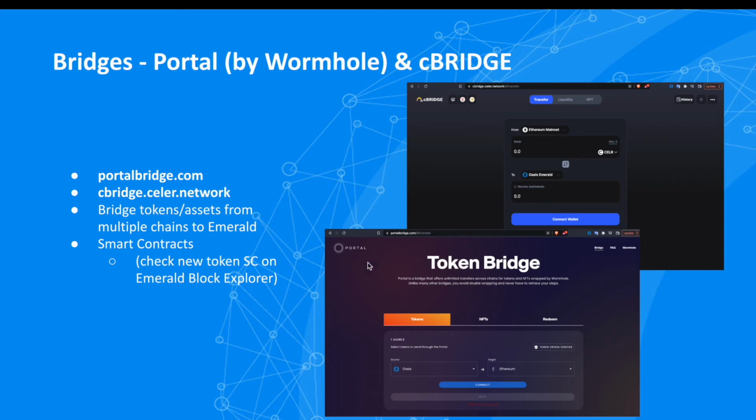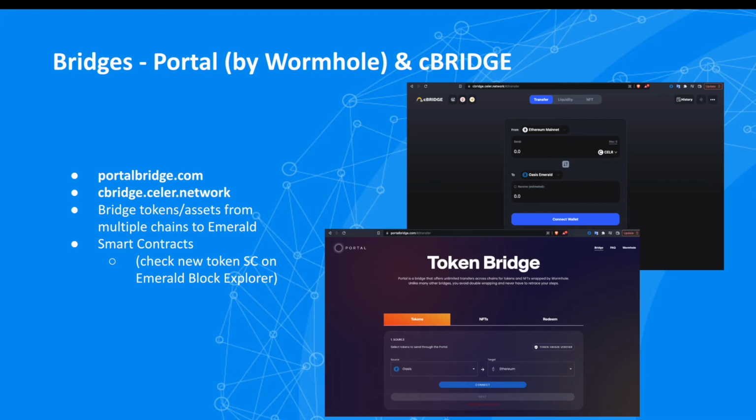Okay? Now, keep in mind that when you bridge your assets to Emerald, usually you need to find the smart contract for that asset. Why? Because you want to import that token to your MetaMask or Brave built-in wallet to see your assets.